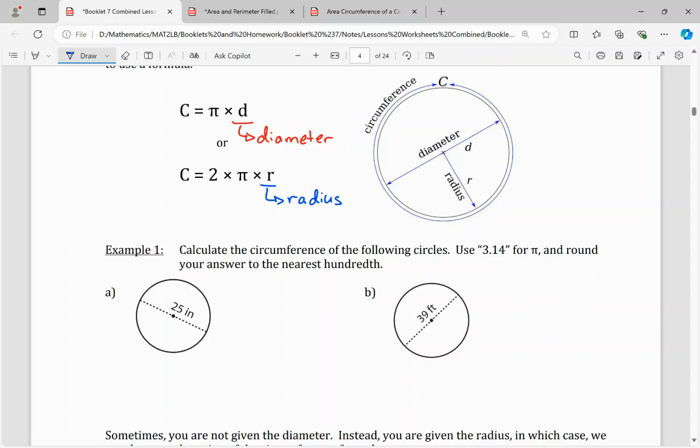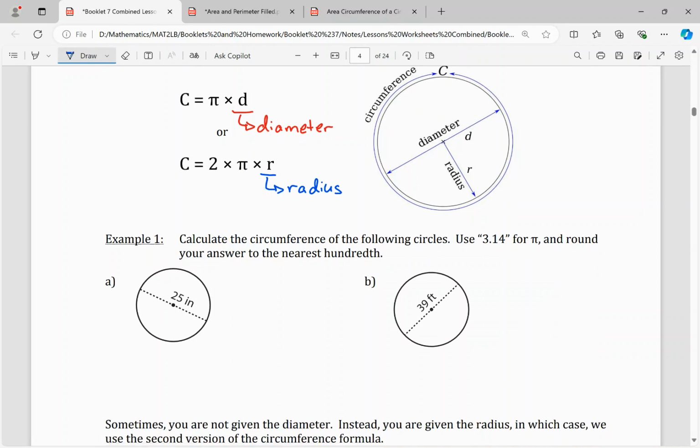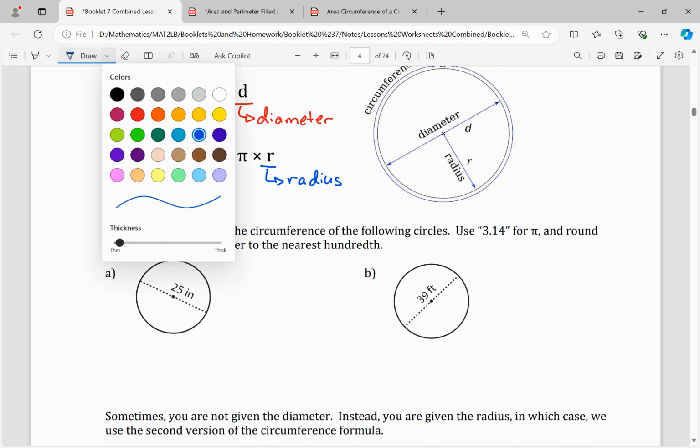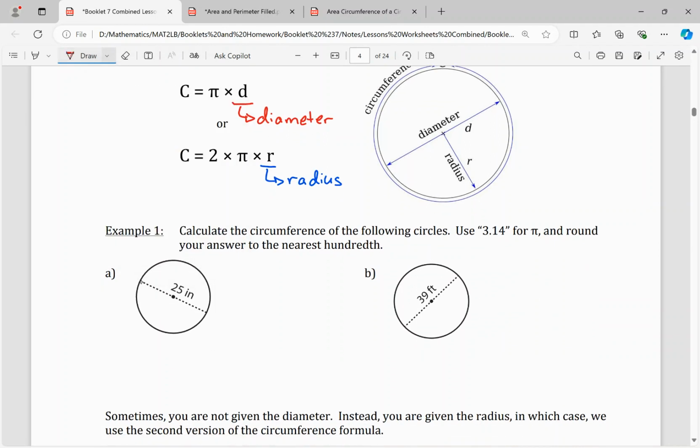The diameter represents the distance from one side of the circle straight through the middle to the other. If I jump forward to example 1, you can see here that the diameter is 25 inches. The distance from one side to the other. So in theory, I could find the circumference of that circle if I knew the equation, which I'll talk about in a second.